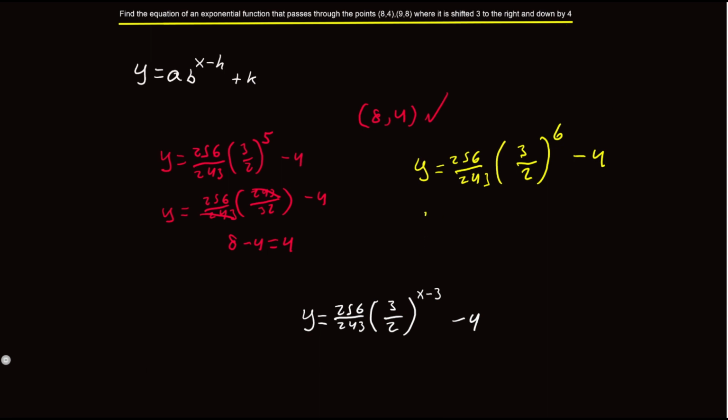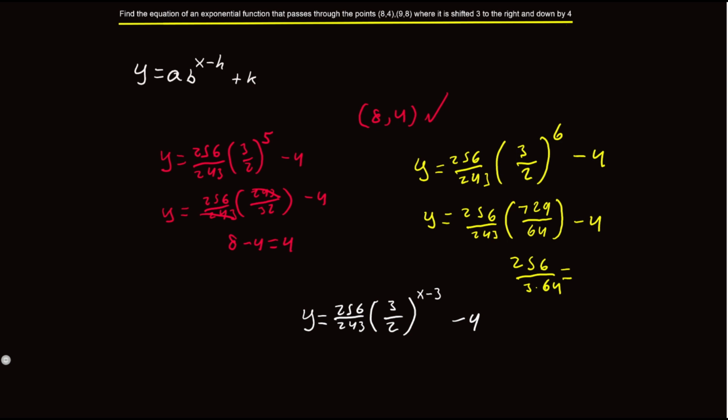And we will get y is equal to 256 divided by 243 times 729 divided by 64, minus 4. And 729 divided by 243 is the same thing as 3, so we get 256 divided by 64, where if we divide 256 by 64, we get 4.